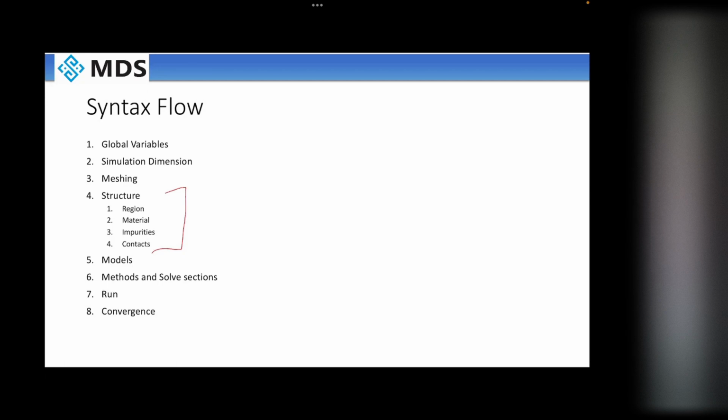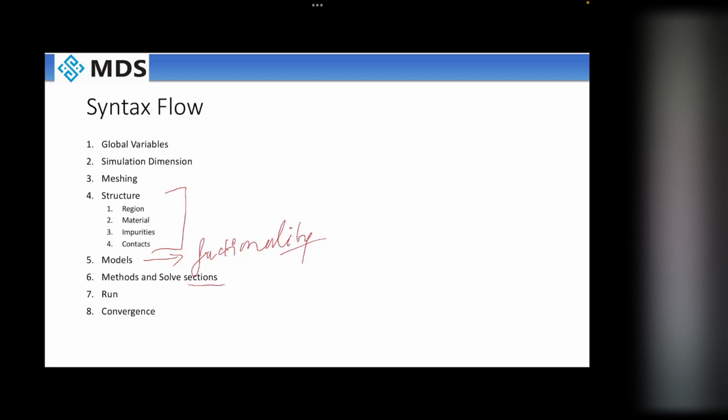These kinds of statements are included in the structure section. Then after that, we have the models, which specify the functionality of the device. For example, there are Shockley-Read-Hall recombination models, which specify that electrons and holes are recombining. Different mobility models are also there, which are used to specify the functionality of a device.